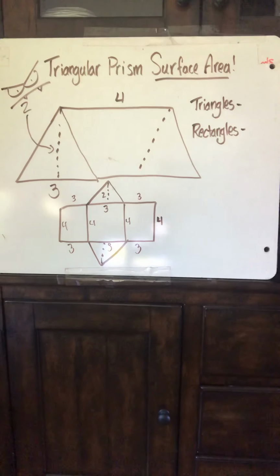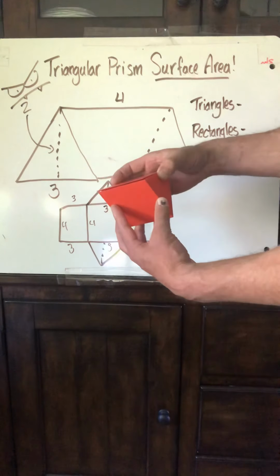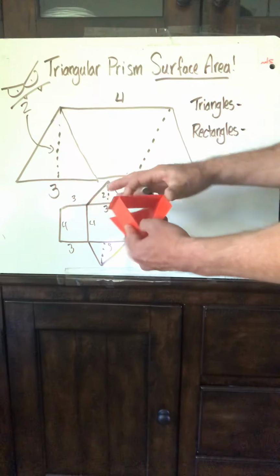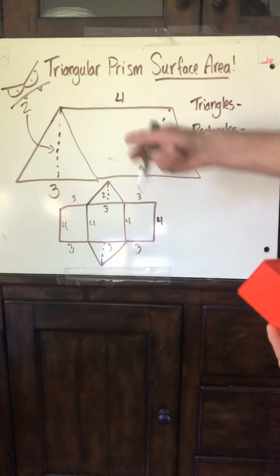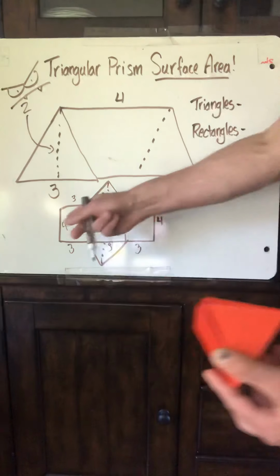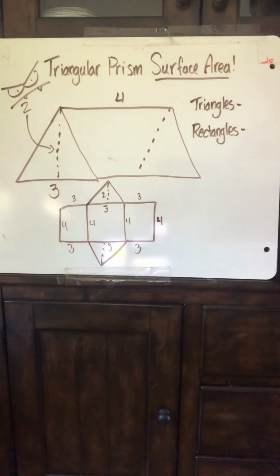It has to, or else the shape would not close up. If they were different sizes, this shape would not fold up nice and neat like this. But guess what? They do. And there's no gaps. So in order to make this net work and make a three-dimensional shape known as a triangular prism, this and this have to match the length of the triangles.